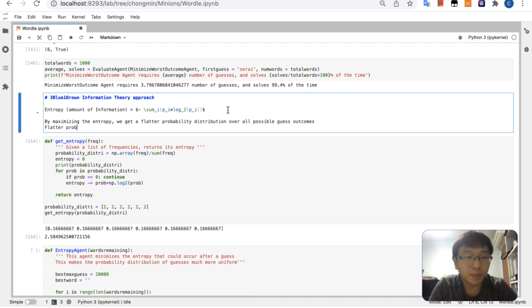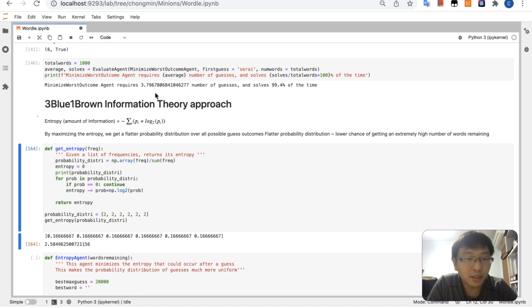A flatter probability distribution could mean a lower chance of getting an extremely high number of words remaining.